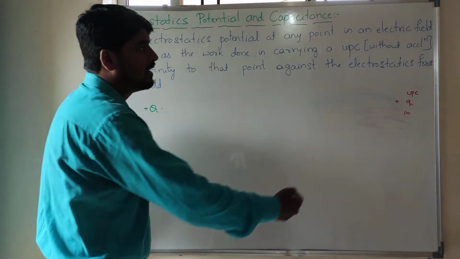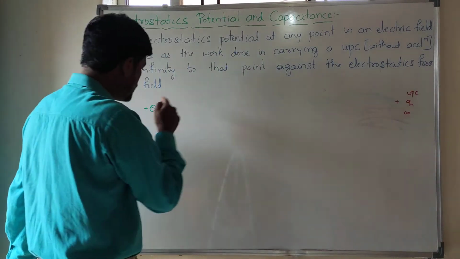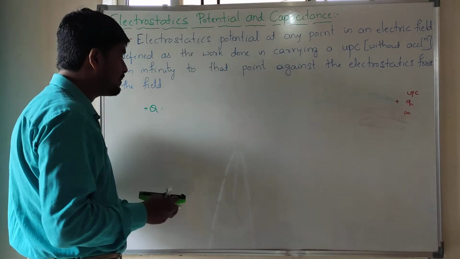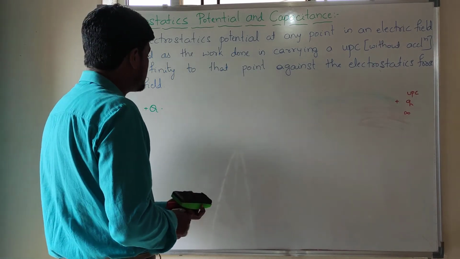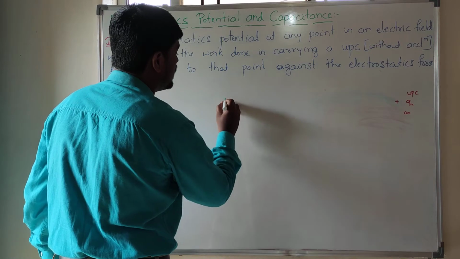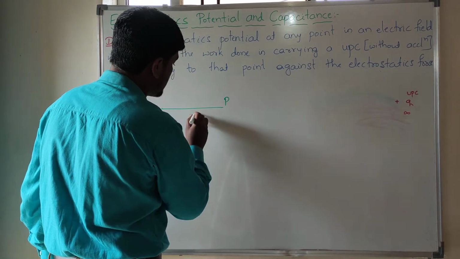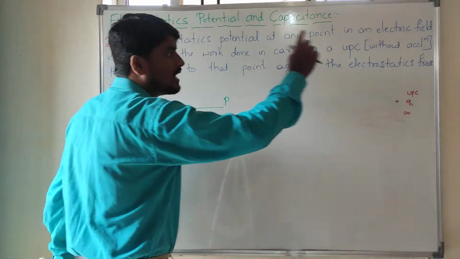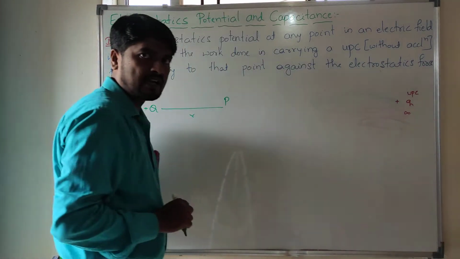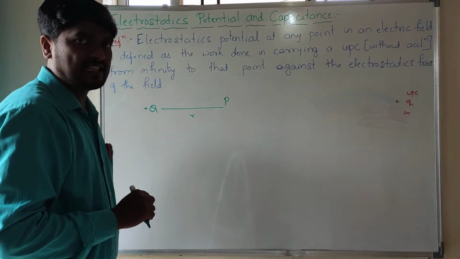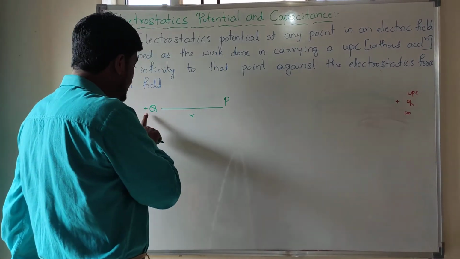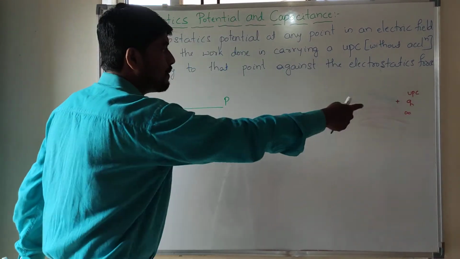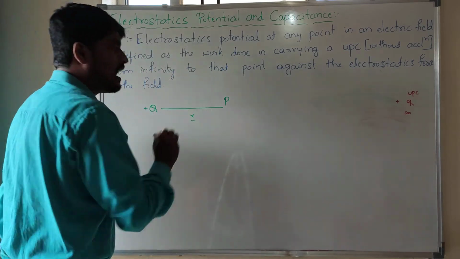So when I bring the unit positive charge from infinity to an intermediate point P at some distance R, earlier the distance between the point charge and the UPC was infinite. I am decreasing the distance between the point charge and the UPC from infinity to the small r.